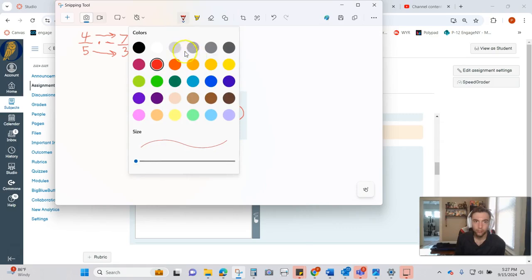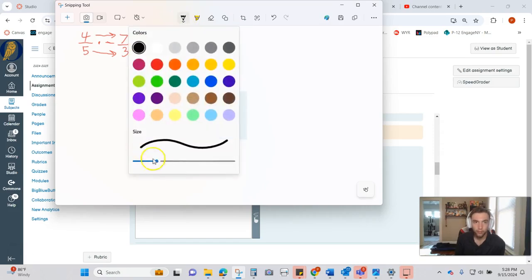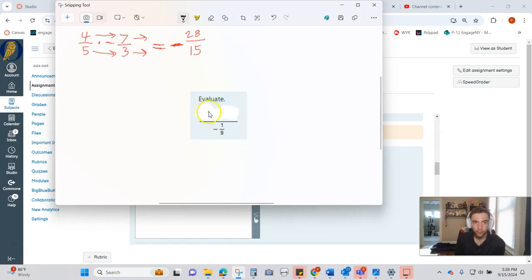So now, let me smudge this out, and let's write our new fraction here. Notice how we are going one step at a time. -28 on top of 15.